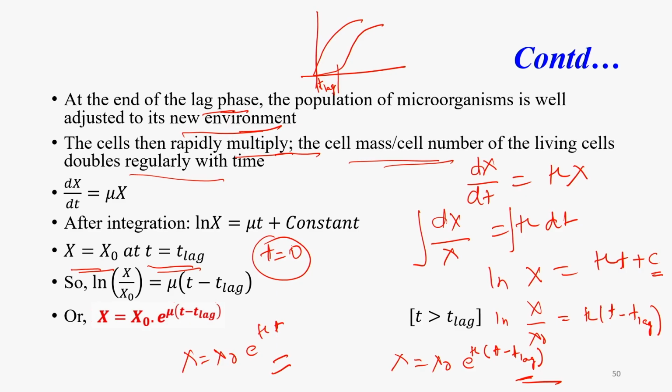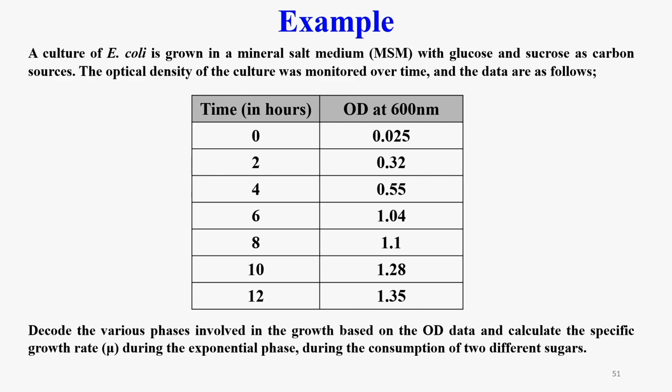So, when you want to minimize this t_lag, then one option is that the inoculating culture should be as active as possible, and the inoculum should be transferred from the inoculum culture to the main culture when it is in its exponential phase. The second option is what we discussed next. The first one was that the inoculum should be active, in the exponential phase.